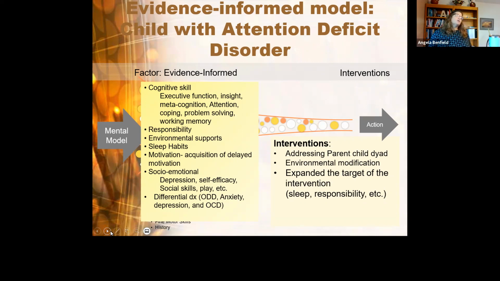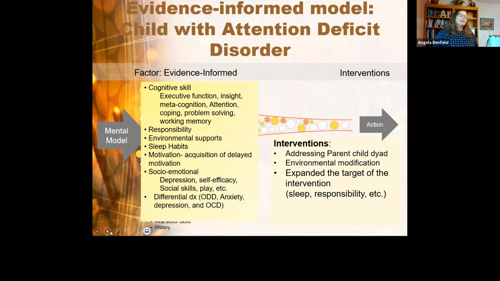The other thing that was quite interesting is after the deep reflection on the information in their evidence-informed causal model, they ended up having a rich discussion about the factors, and in fact identified one critical new factor: responsibility.